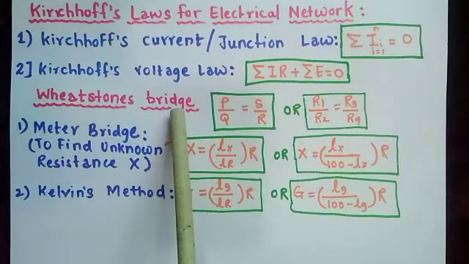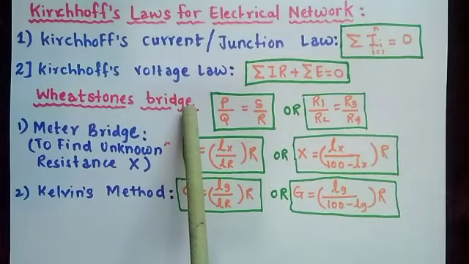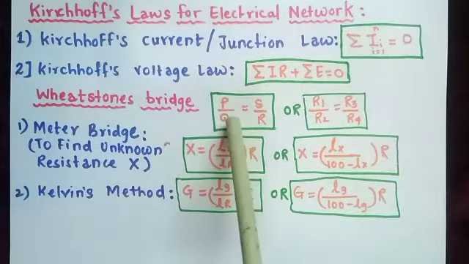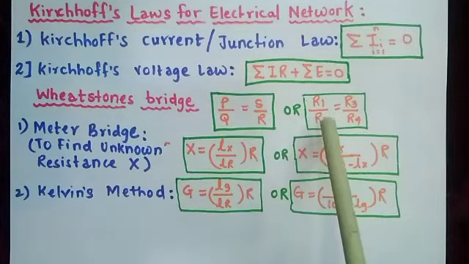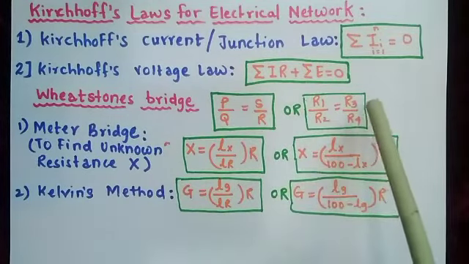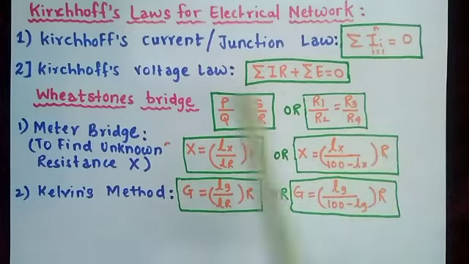The final formula for the Wheatstone bridge, called the balance formula, is P upon Q is equal to S upon R, or we can say R1 upon R2 is equal to R3 upon R4. Then we have the applications of the Wheatstone bridge.